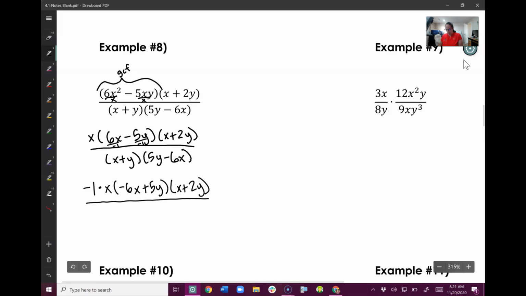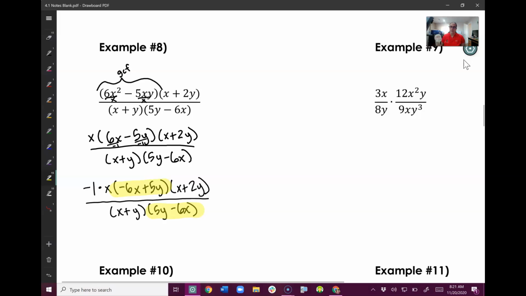And then I once again keep everything else the same. Now let's compare them. Look at the signs on them. Top has a negative 6, bottom has a negative 6. Top has a positive 5, bottom has a positive 5. So these are actually identical now.